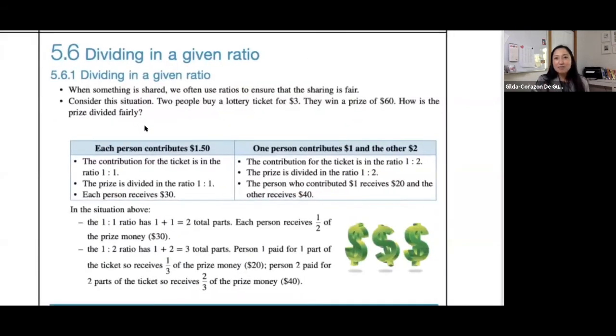The same thing maybe if 3 friends would be paying for a lottery ticket. If they didn't give the same amount of money and they were so lucky and they won, maybe the ratio of their winnings wouldn't be the same.